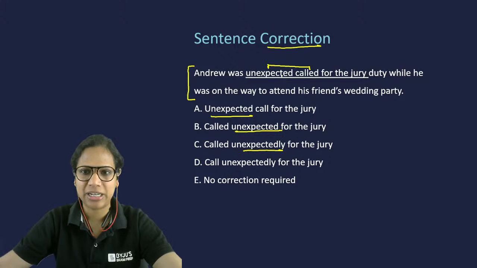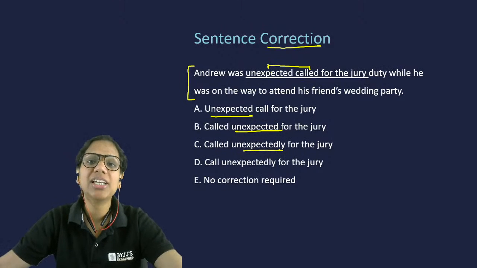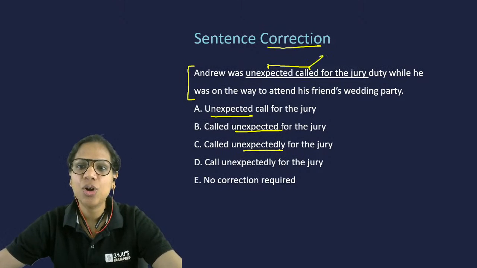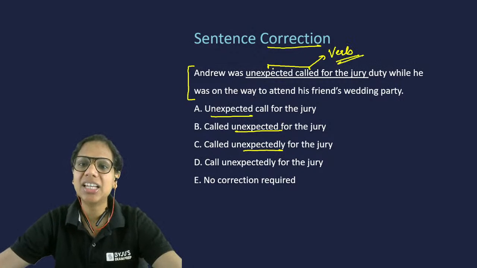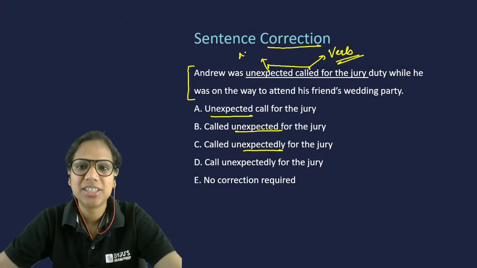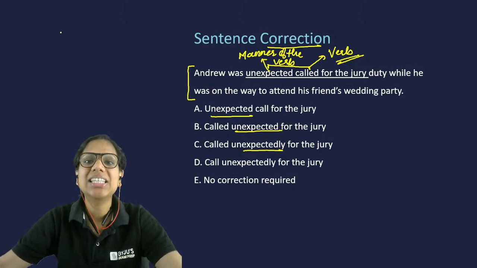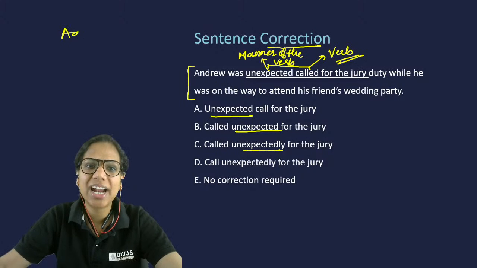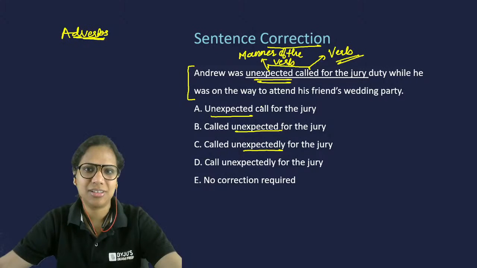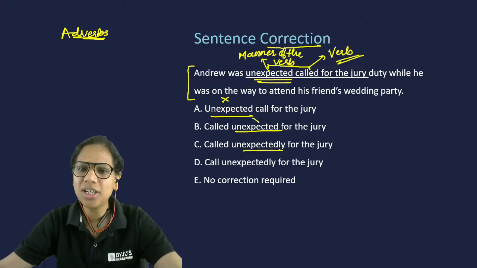He was not unexpected, he was called in an unexpected manner. Called here is a verb, isn't it? And this word is giving me how this action took place, the manner of the verb. So words that describe verbs are called adverbs, and I need an adverb here. What will be the adverb? Not unexpected, but unexpectedly.